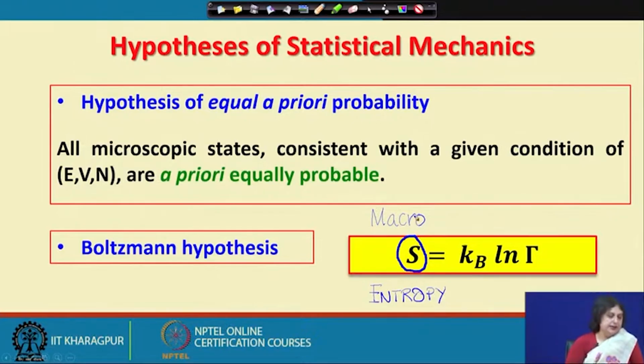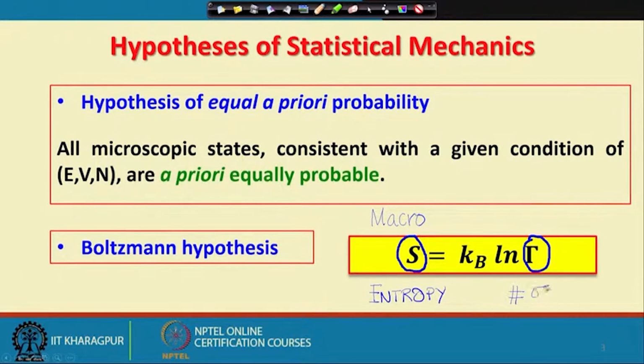On the other hand, on the right hand side I find this quantity gamma. We have seen what gamma is. Gamma is the number of microstates possible, and as a result you see that we are here talking in terms of the microscopic model for a given system.